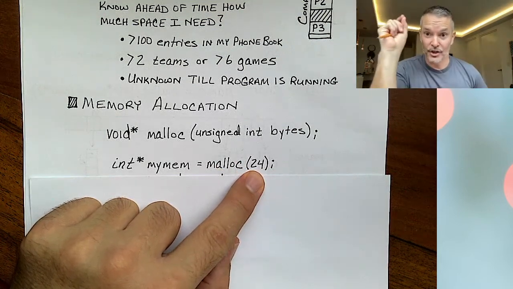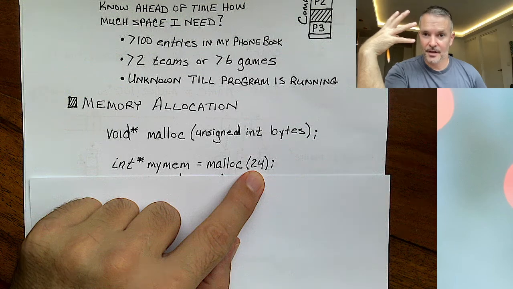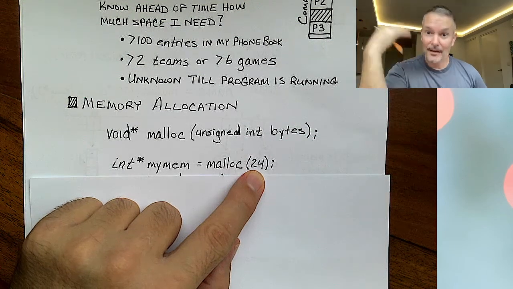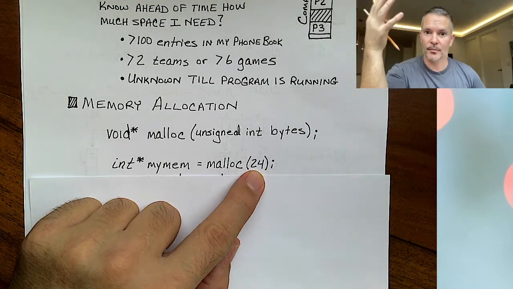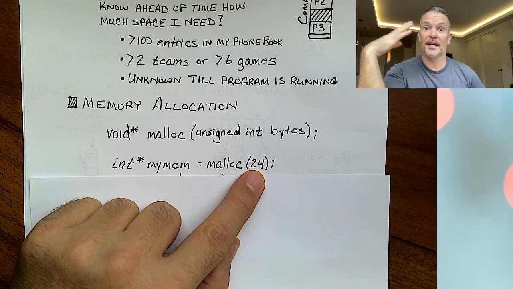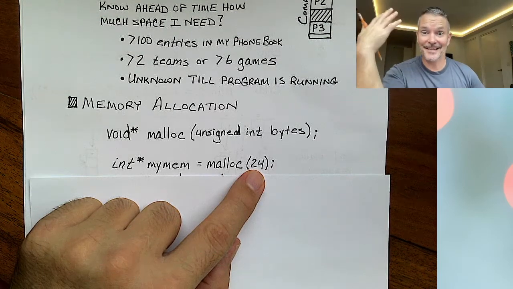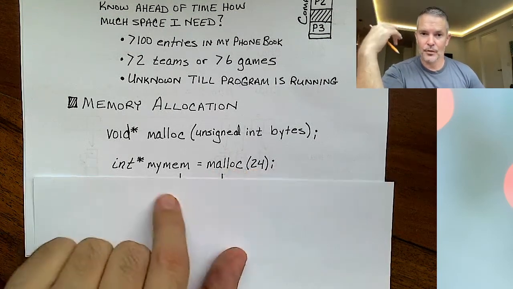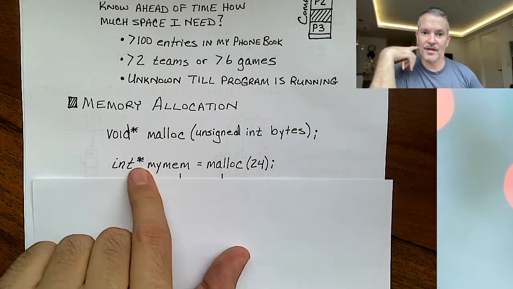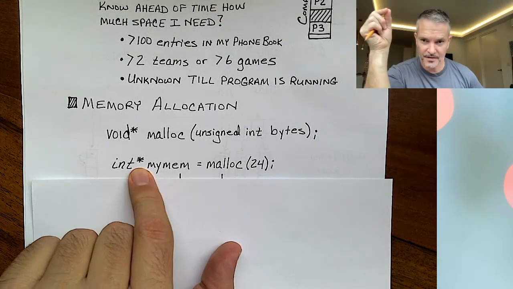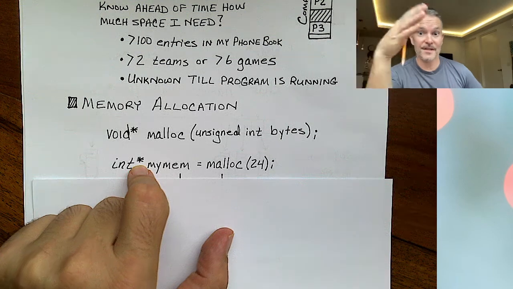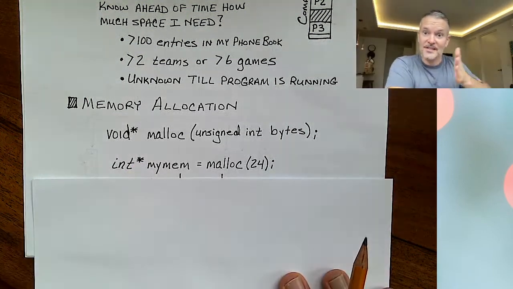Remember, an integer is 4 bytes. So if I ask the malloc routine to give me 24 bytes, I'm asking for enough space to hold 6 integers. So after this function executes, I have a pointer that's pointing to a space of memory that could hold 6 integers consecutively.